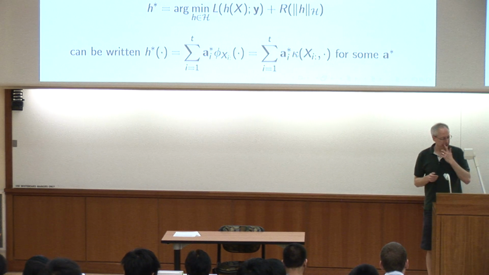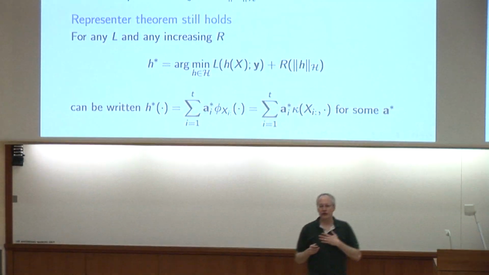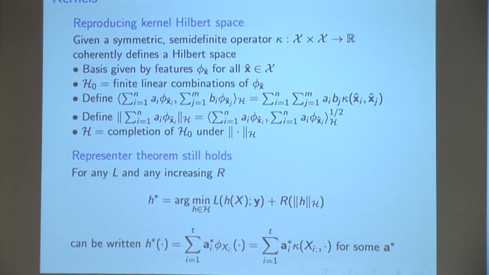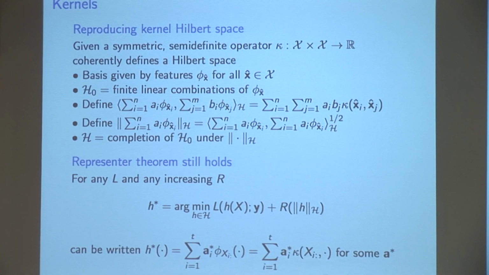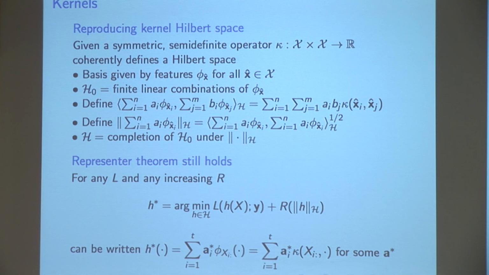I think I'll skip this. Normally when you learn about kernels, you first have to learn about functional analysis. Actually, we got this far with elementary linear algebra, but fine. There is some really beautiful functional analysis that has already worked out a lot of things about reproducing kernel Hilbert spaces. All this slide is saying is that there's a construction.